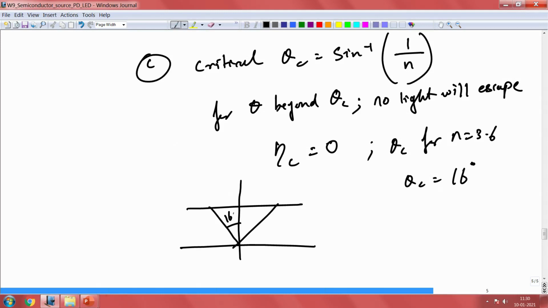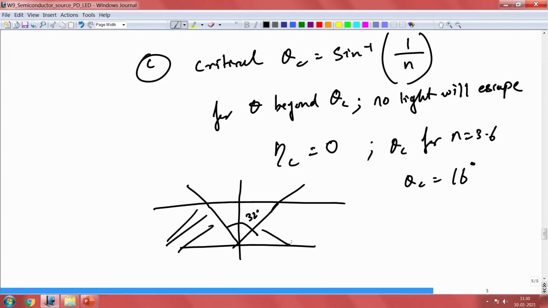This is 16 degrees, that means this is 2 theta, that means 32 degrees is what we have to collect the light. Okay. So, this is all you can collect out. So, look at how much light we are actually wasting. We will not be able to collect all of this, and this whole cone is called the escape cone.